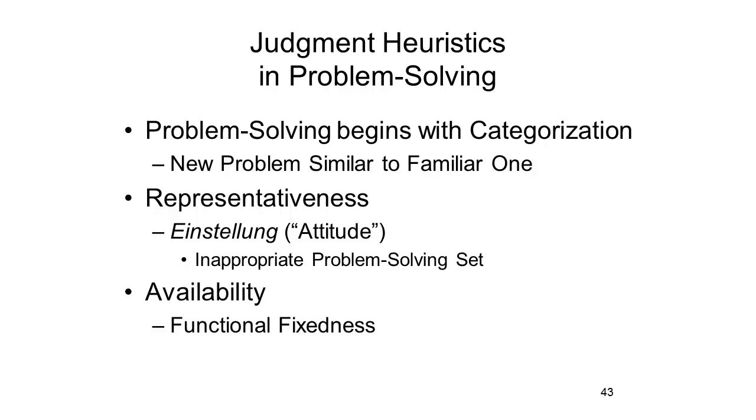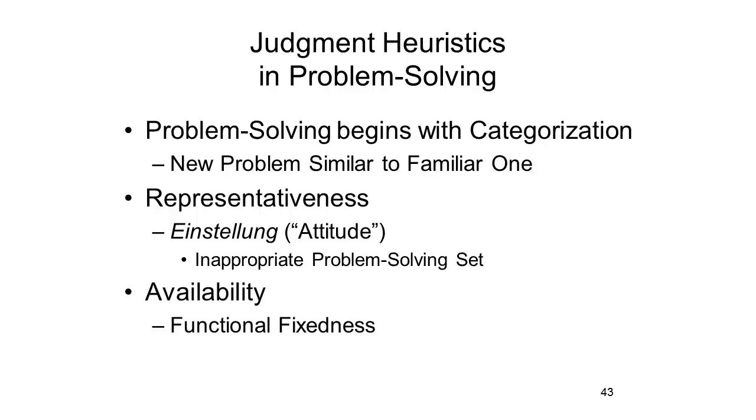As another example, problem solvers can often rely on the availability heuristic, judging the best solution on the ease with which solutions to problems can be recalled. This can lead to what's known as functional fixedness. For example, if the elements of a problem all have familiar functions, but the task involves thinking of novel functions, the subject may focus on the inappropriate uses and thus fail to solve the problem.